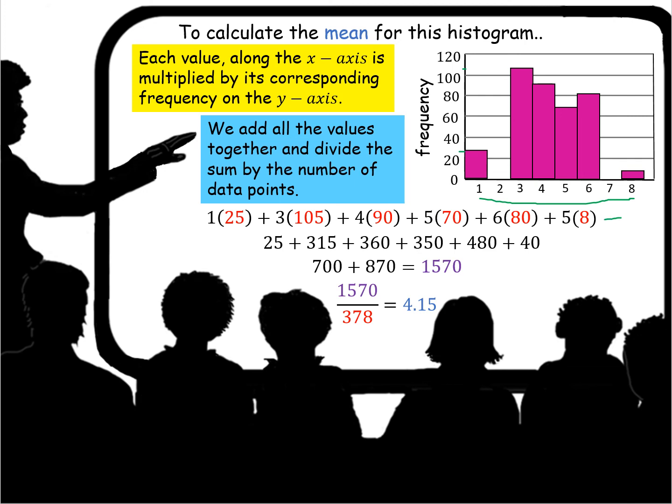Once I multiply it all out, I add all of that together, and I come up with a sum of 1570. I take 1570 and divide by the total number of data points.